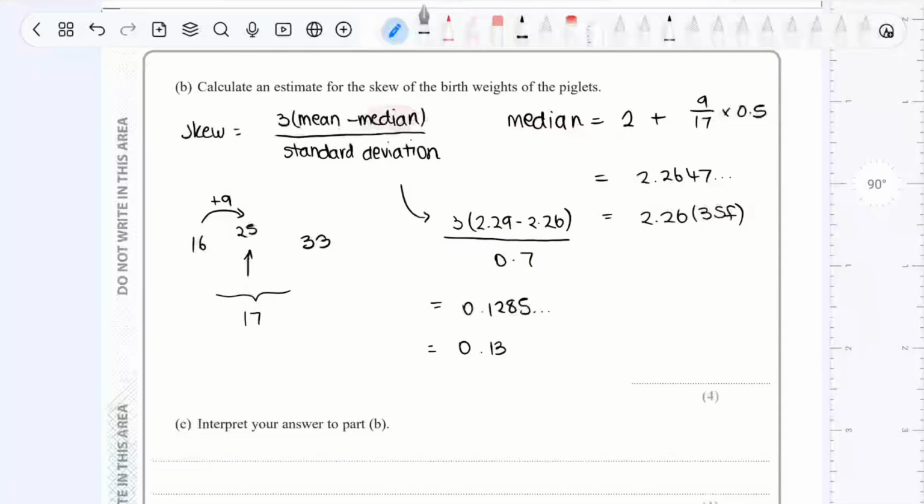Now they give a range for this, which is why I wouldn't worry about what you round your median to, but it's 0.1 to 0.13 if you're wondering in the mark scheme.